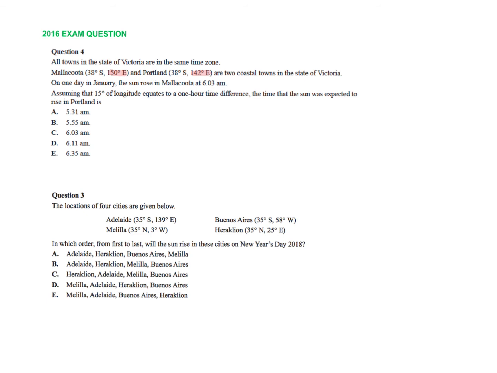One day in January, the sun rose in Malakuta at 6:03 a.m. And they're always going to say this next bit, assuming 15 degrees equates to 1 hour time difference. They will state that, like they state the radius of the earth. So what time was the sun expected to rise in Portland?